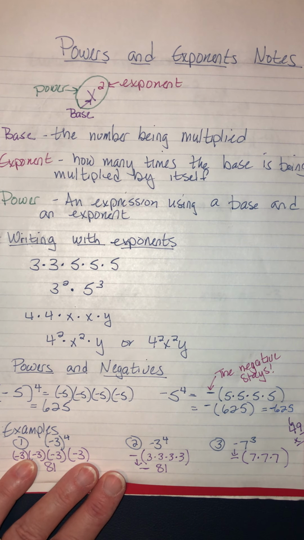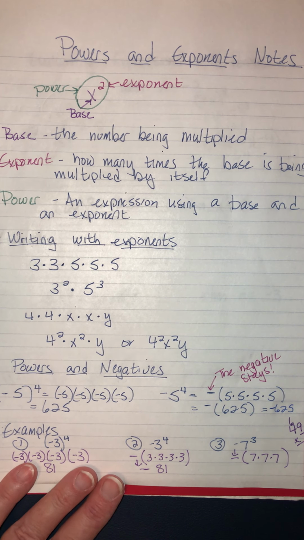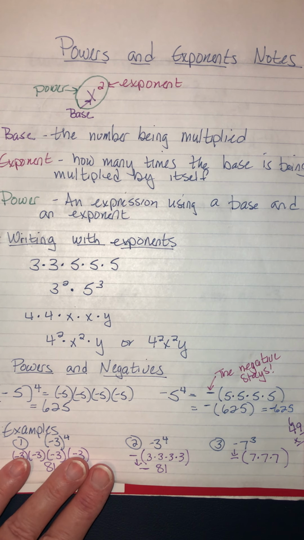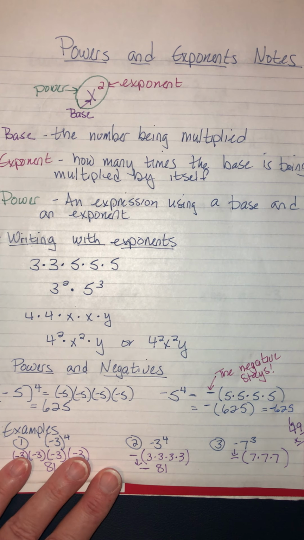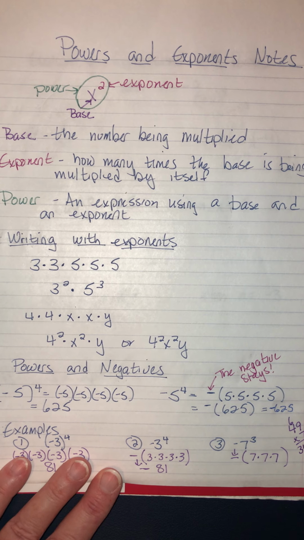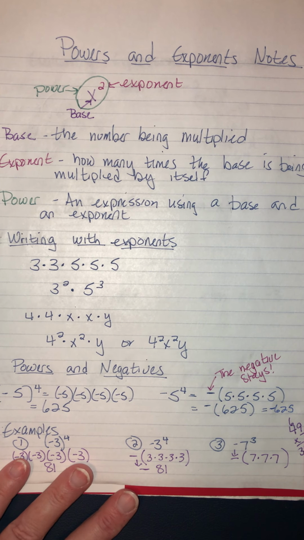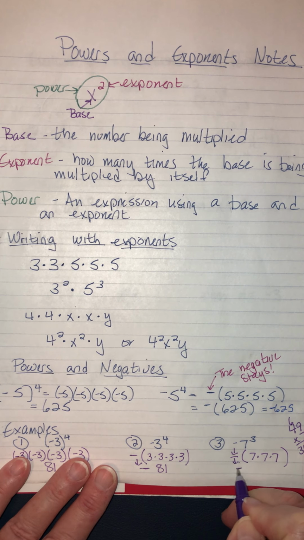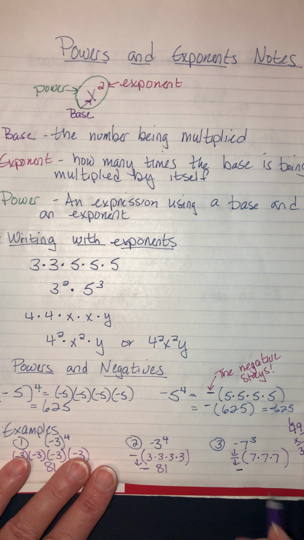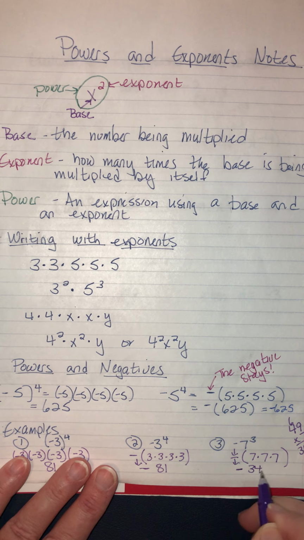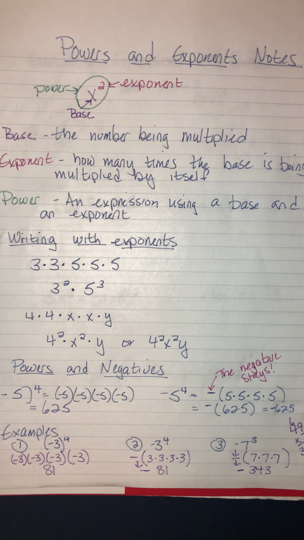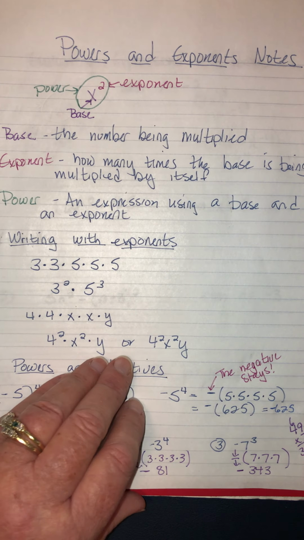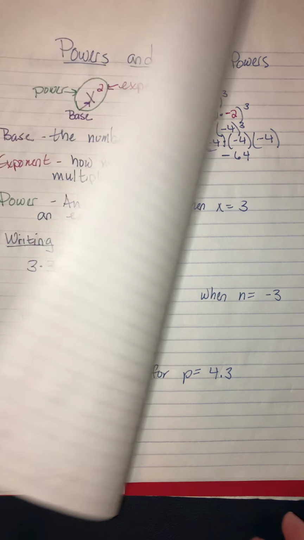Carry the 6. 7 times 4 is 28. Plus 6 is 34. That gives me 343. Again, just bringing my negative sign down, and then my 343. Okay?